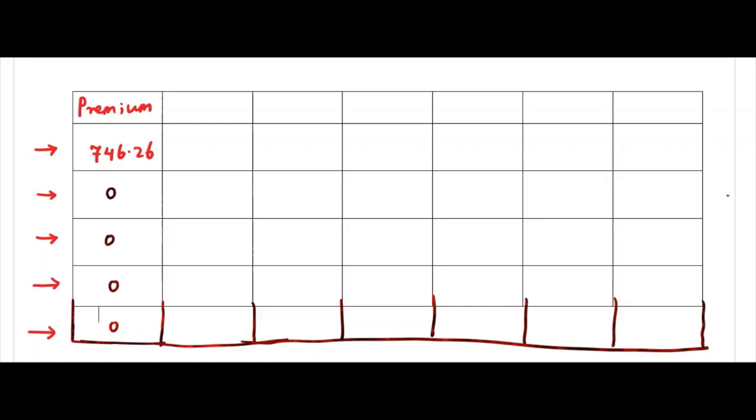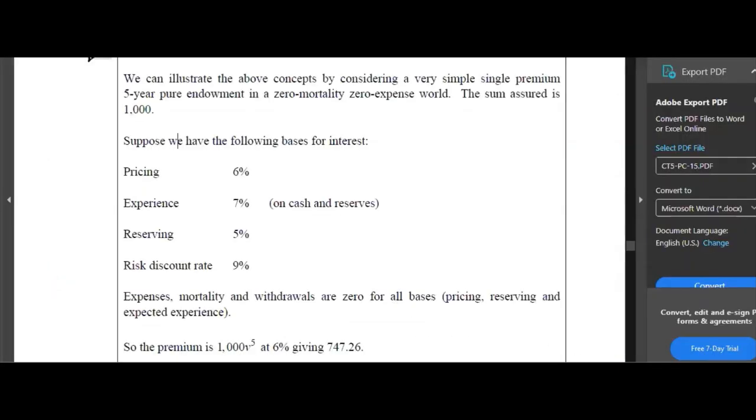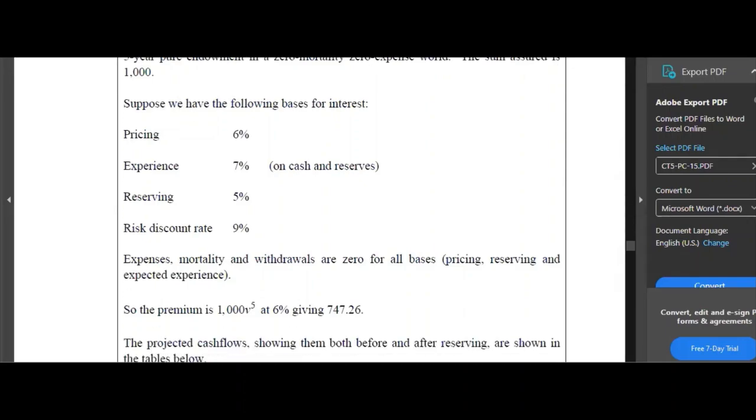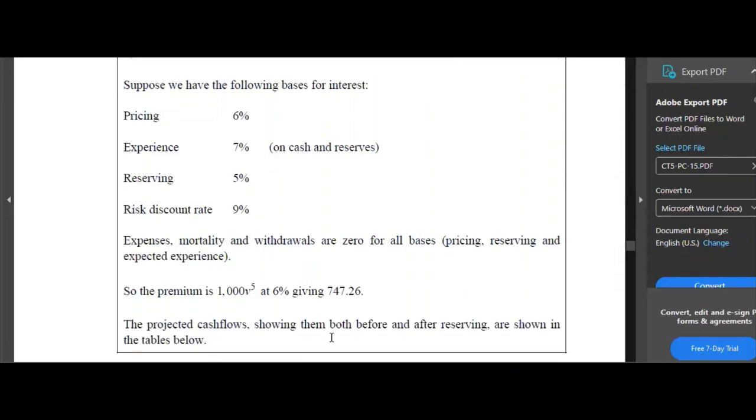Now here, what will happen? No expense, right? So there will be no expense column. Again, if you see the question, what they say: without reserving, you find the projected cash flow, showing both before and after reserving in the table below.